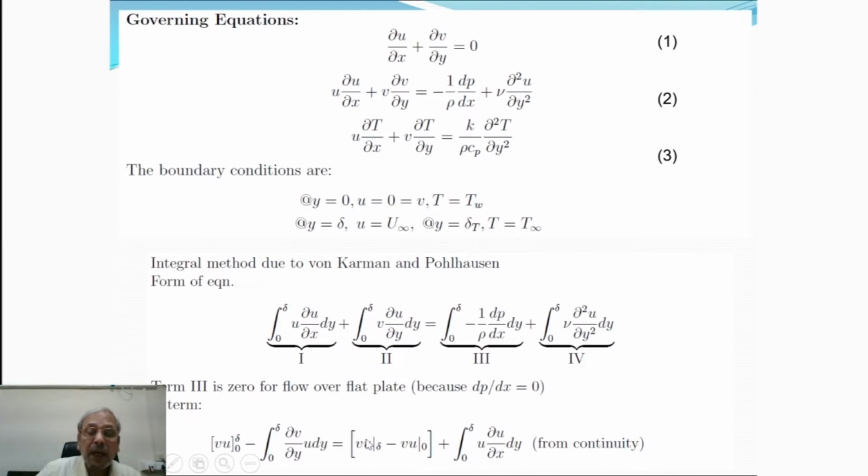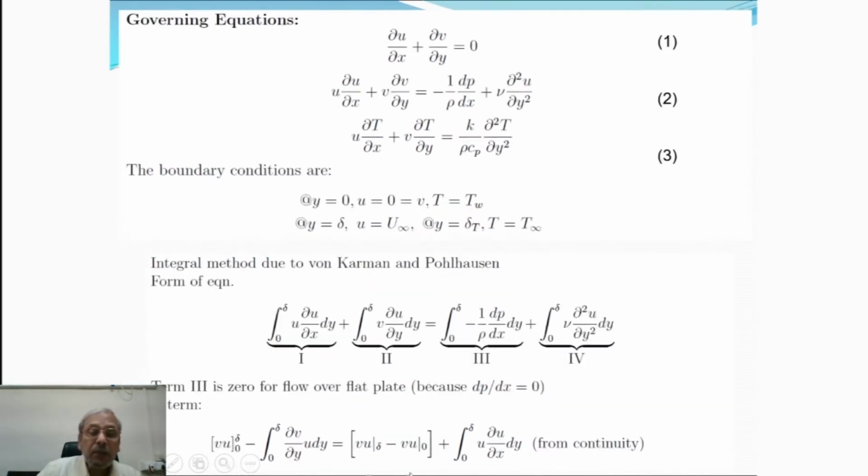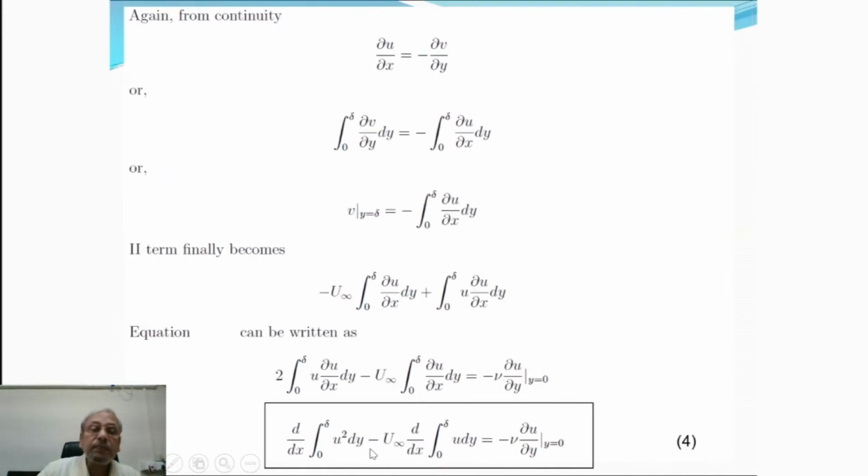Here when we evaluate this, we get v at y equal to delta given by this expression, and u at y equal to delta is u infinity.